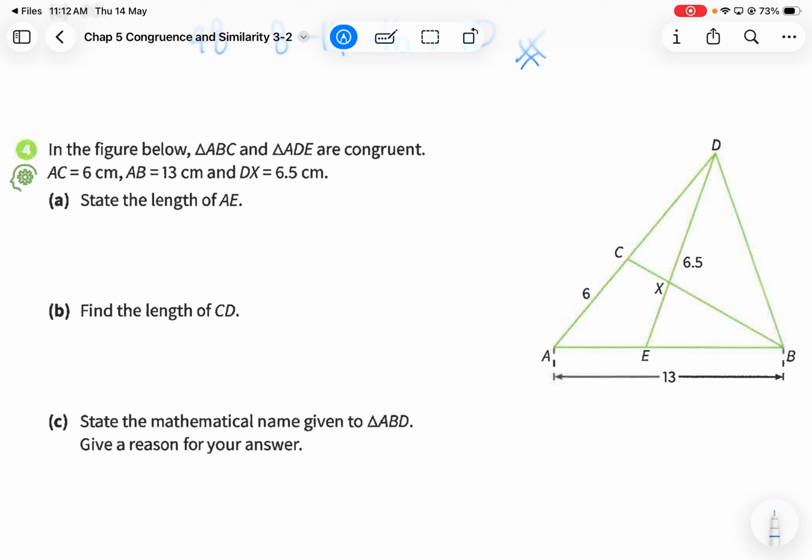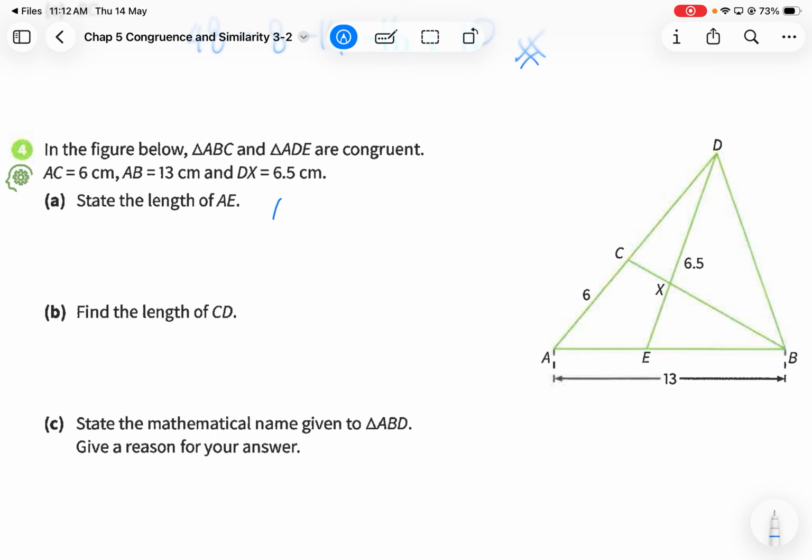Other than knowing the points, the side also, you can tell from the naming. AC is between first letter and third letter, means AC corresponds to first letter, third letter, AE. So just from the naming, you can know that AC is the corresponding side of AE.